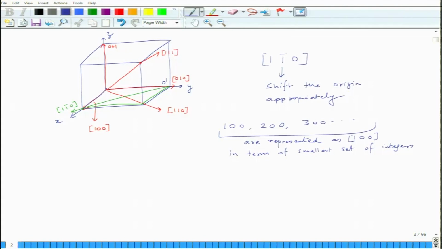So I'll just do one more example. Let me now draw one direction. Let's say this is AB direction. What are the indices of AB direction?